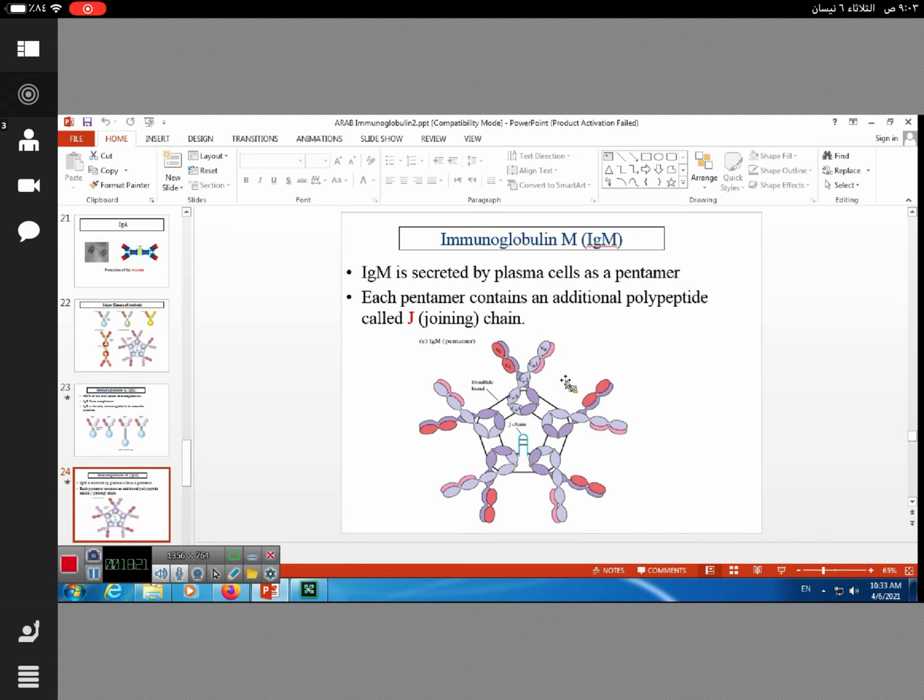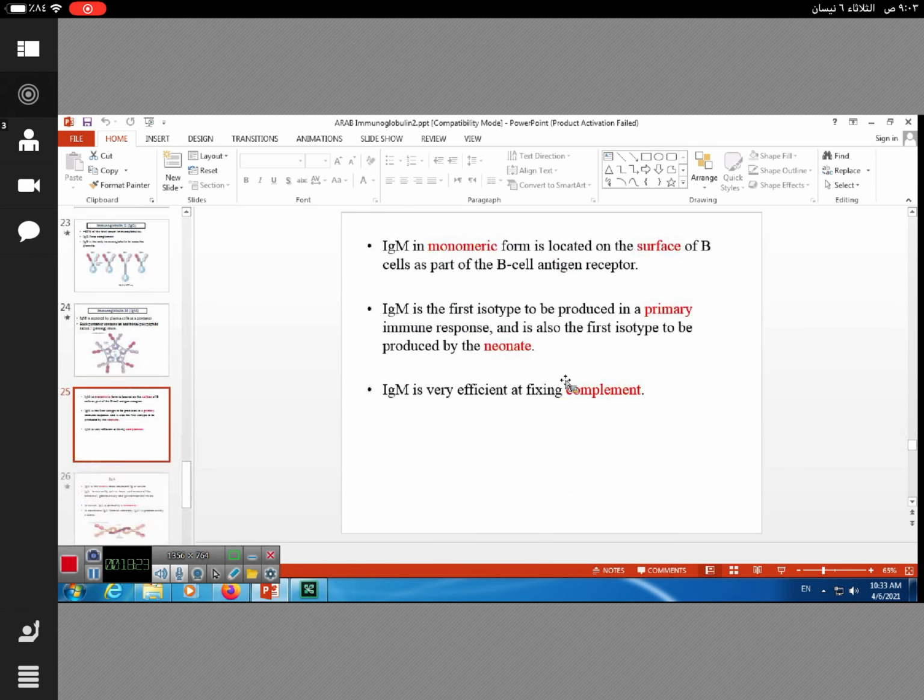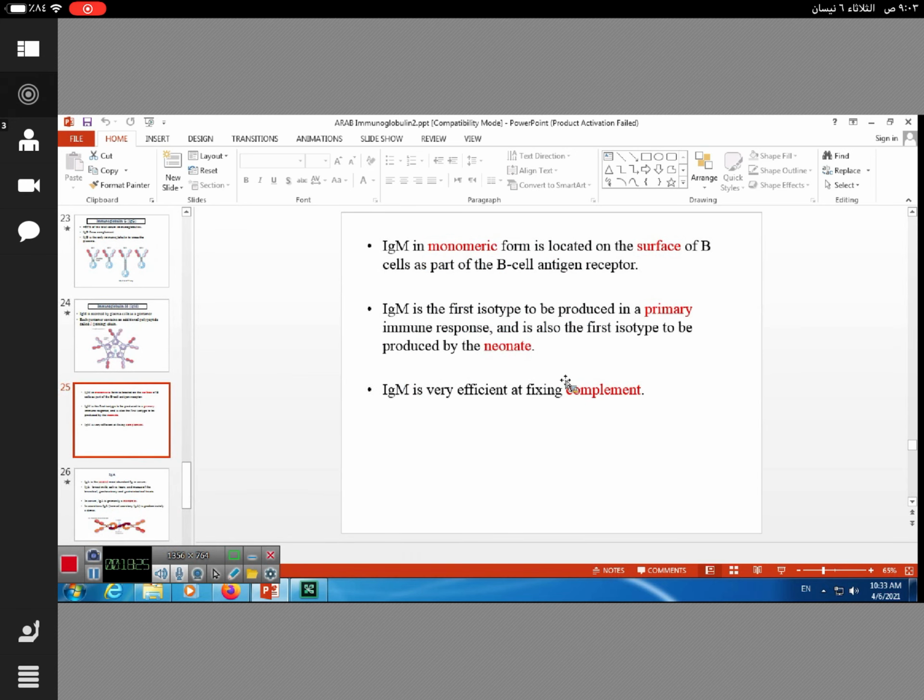IgM is the first antibody to be produced in a primary immune response. So in the first antigenic challenge, B cells produce IgM, and this molecule is very efficient in complement fixation.